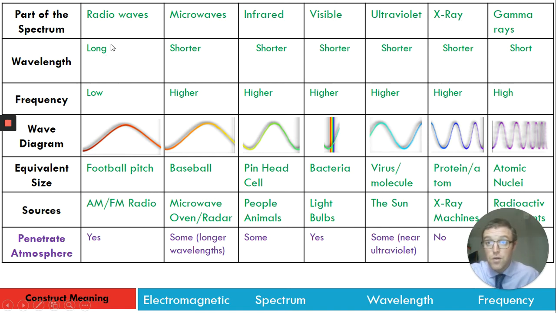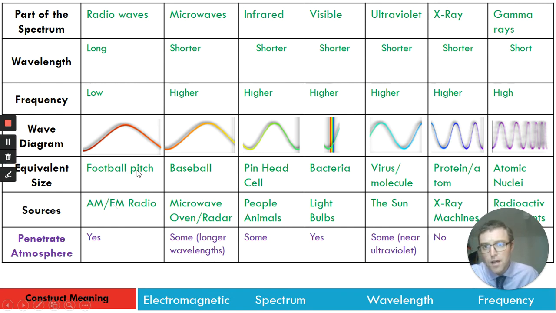Wavelength. Now these do have an actual set wavelength in meters for radio waves, but I didn't want to go into that much detail, so I just changed it for long. Long, shorter, until we get to short for gamma rays. Frequency is low for radio waves, and it goes higher until we get to high for gamma rays.